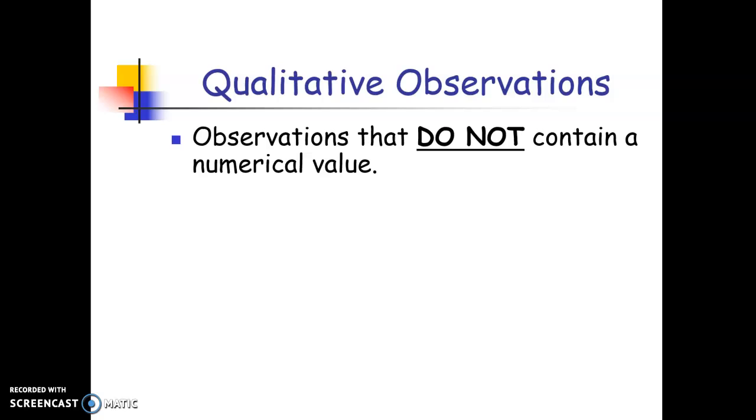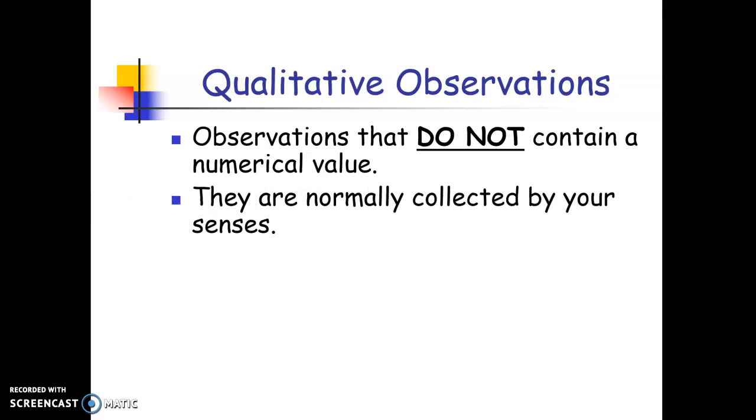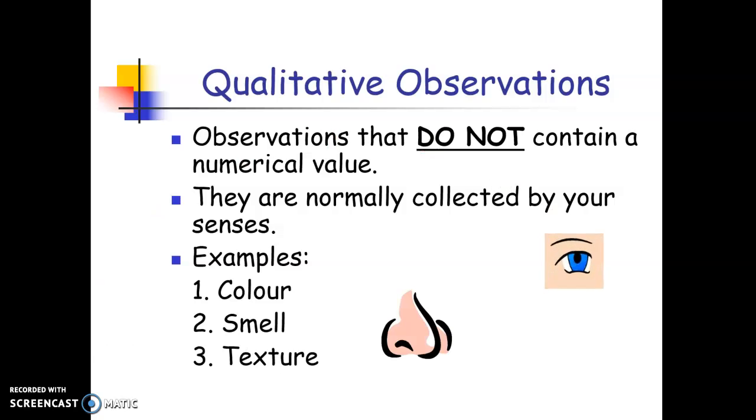There's no number associated with it. But if we said the temperature outside is 22 degrees Celsius, that is quantitative. Typically, qualitative observation is done using your senses, for example color, smell, texture. So you're using your senses to make observations.